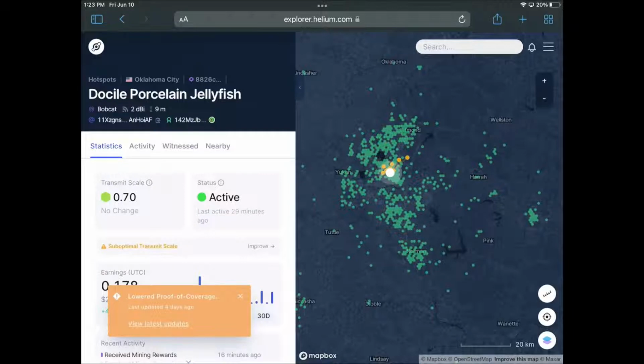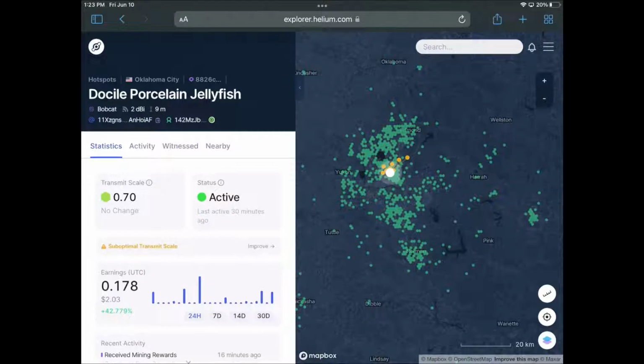The background on this is basically that if you are in a city and your connection was great, or your transmit scale is great, and then as the network has grown, it's slowly grown around you, then your transmit scale is reduced. So here we can see that the transmit scale on this particular hotspot around Oklahoma City is 0.7.